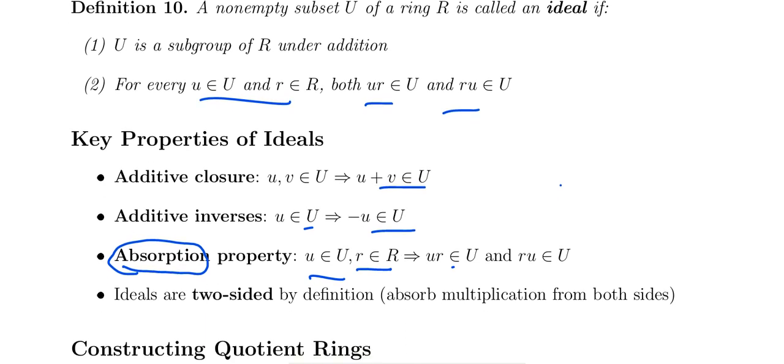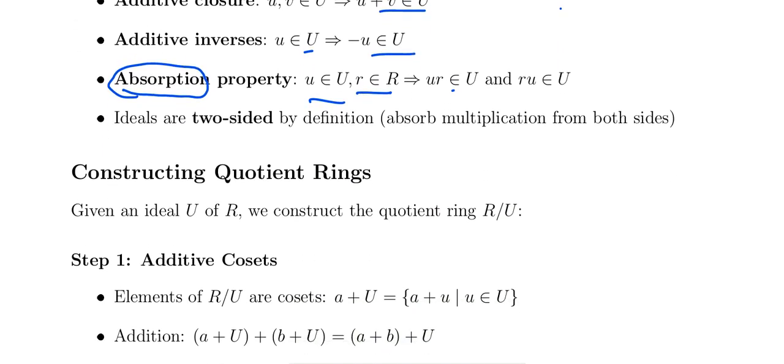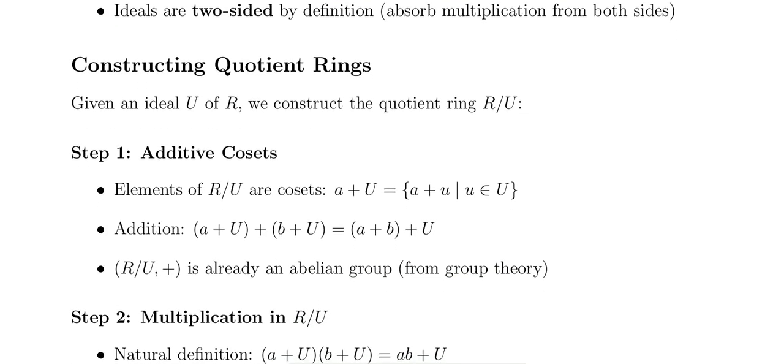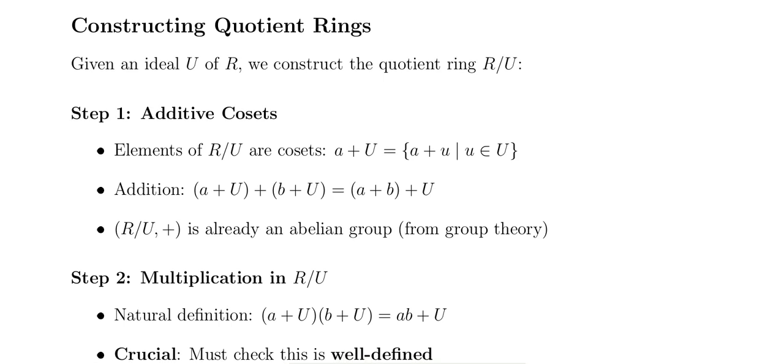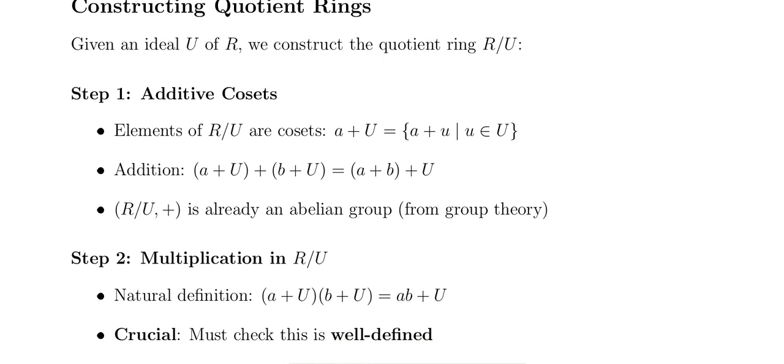So it's a very basic definition of ideal. That means absorption property plus the construction of the quotient ring.